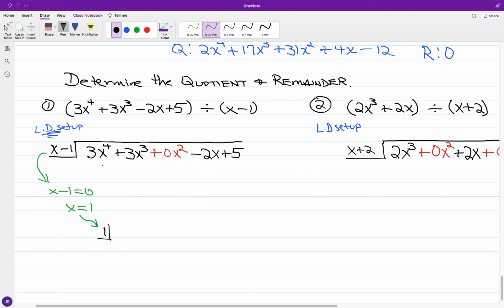So we got 1 for x minus 1, then we have 3 for x to the fourth, 3 for the cube of x, 0 for the missing x squared term, and we have negative 2 for the missing first order x. We have closing out with the constant value 5.